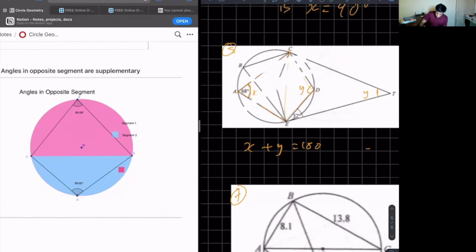Okay, trick question. Be careful. X, y. Is x plus y still equal to 180? Yes or no? Ooh, people are thinking. All right, some bold people are saying yes.